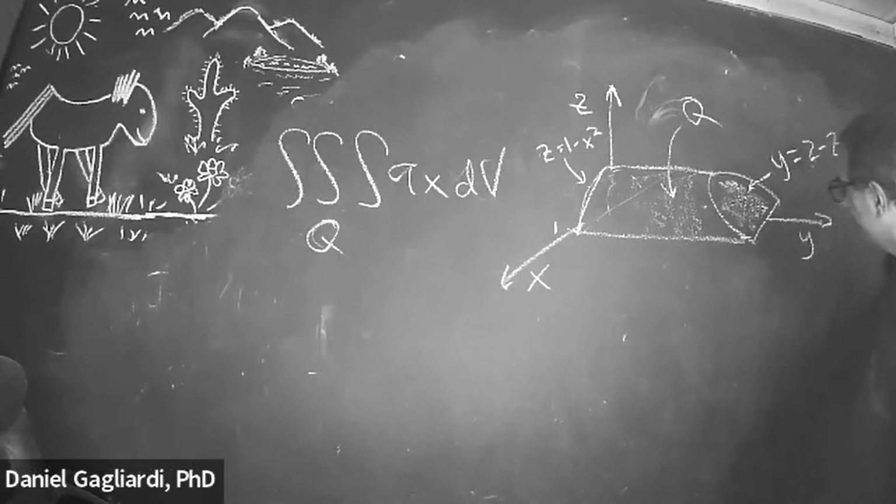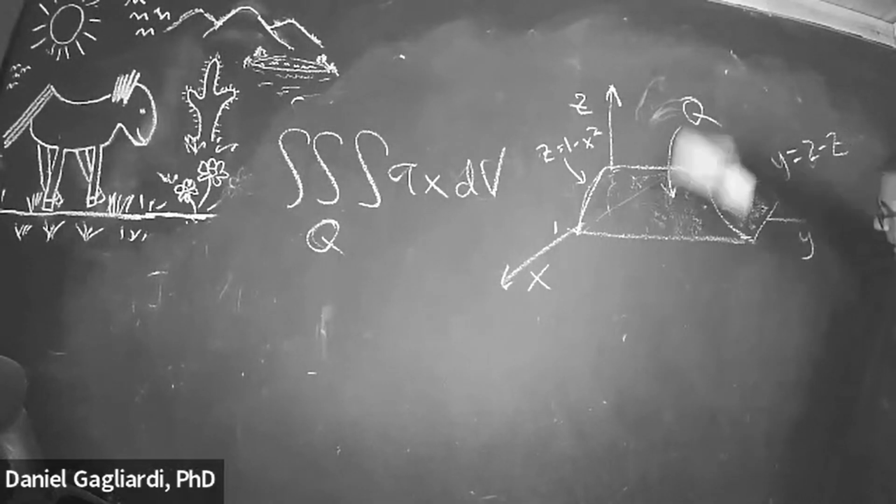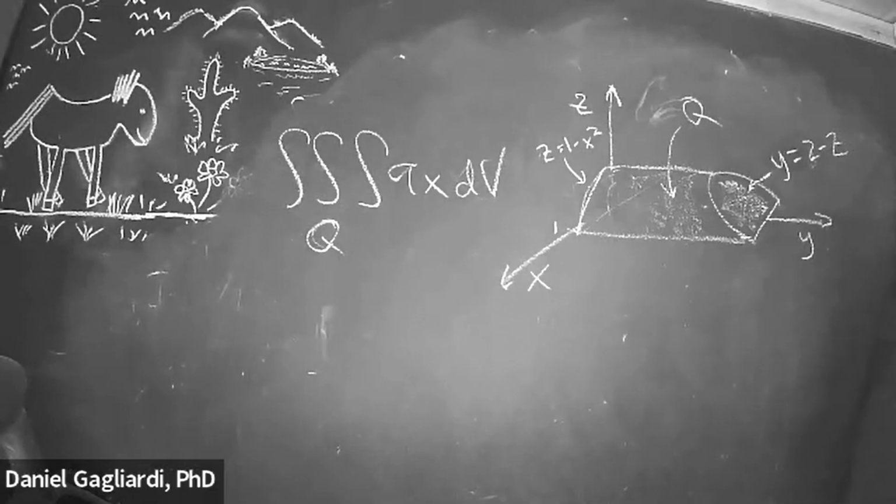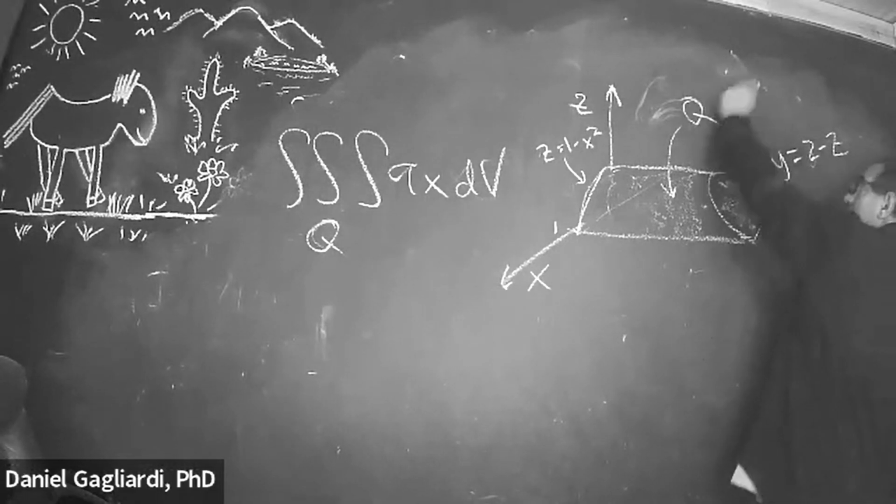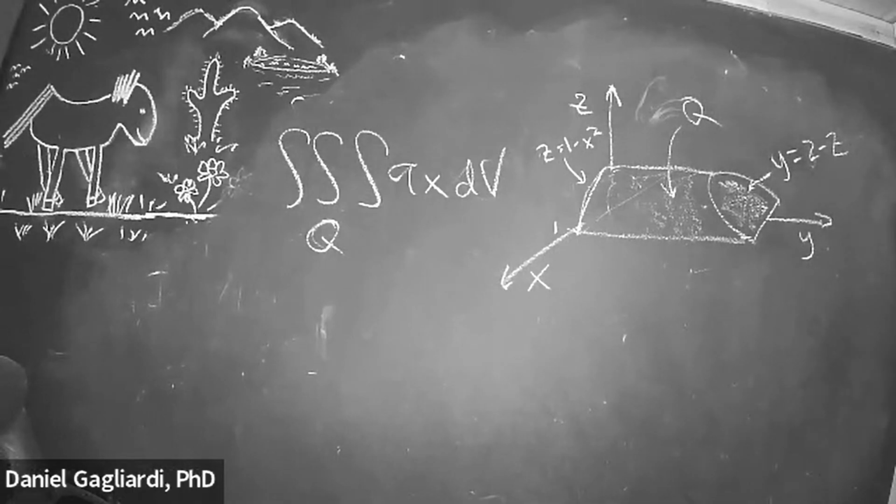So it may at first look like you can look at the world the way you normally do, with the XY plane being the floor, or the ground, and then this being the sky. Well, you could actually do it that way.